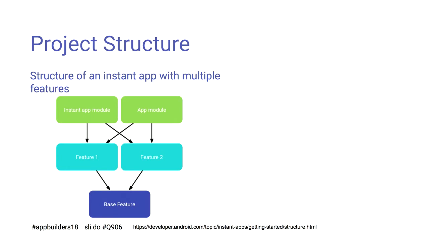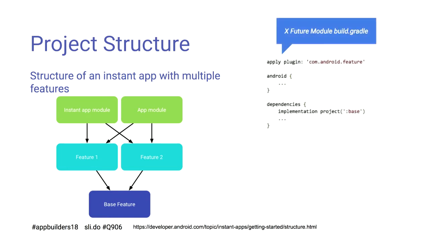This is a sample of a more complicated structure. We have two features. They use the same base feature. And our instant app module and app module use these features and also the base feature. But it's a little different in Gradle files if we have multiple features.